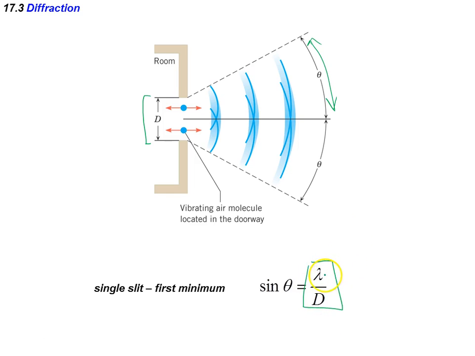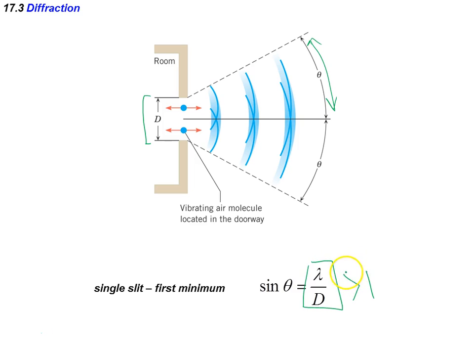And so looking at this and knowing what you know about trig functions, if the wavelength is bigger than the opening, well, what does that mean? This is going to be greater than 1. And if that's greater than 1, sine of an angle can never be greater than 1. And so we're not going to have this diffraction angle.